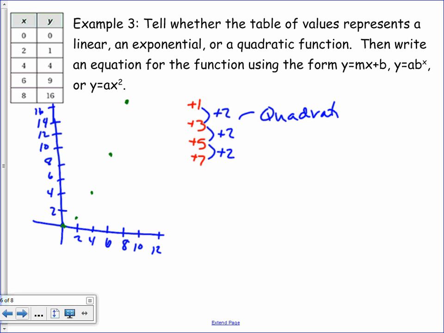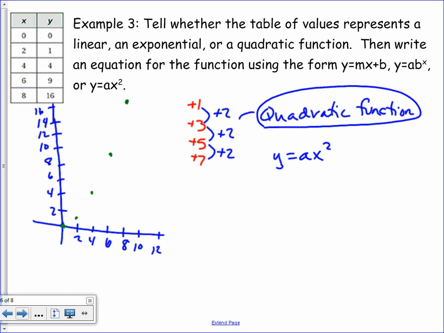Okay, and now we just have to figure out the equation. All right, so we have to use the form y equals ax squared since it's a quadratic function. And then what we need to do is just substitute in a point. So I'll just use the point 2, 1. Doesn't matter which point I use.